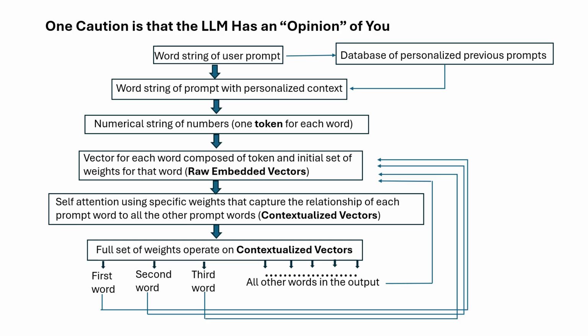So it knows the type of interests you have, the type of depth that you want the response to go into, and that database of personalized previous prompts adds words to the word string that you put into the prompt. So it's adding additional information to your prompt, and your prompt and this additional information then go into the same process that we talked about before. So let's see what that means in a few particular examples.